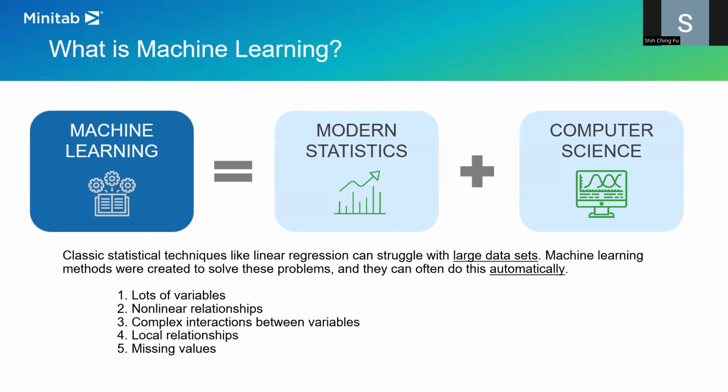Now we talk about machine learning. When we bring up this topic, it's like 20, 30 years ago, when I was doing regression analysis and ANOVA analysis, where the amount of data was not that huge. But now with advanced computing technology, we have large data sets.